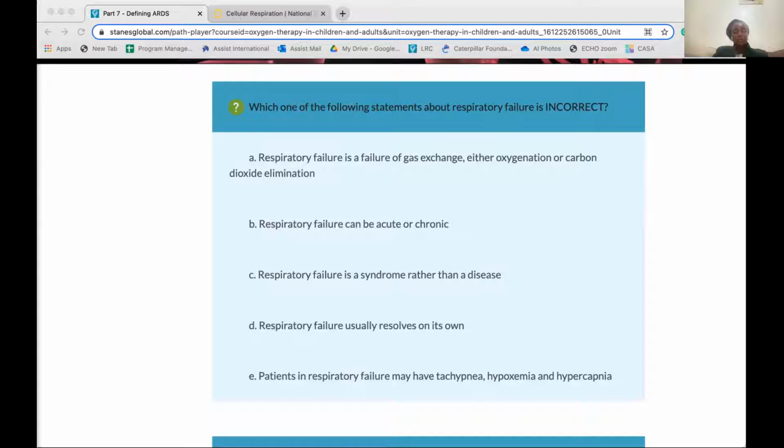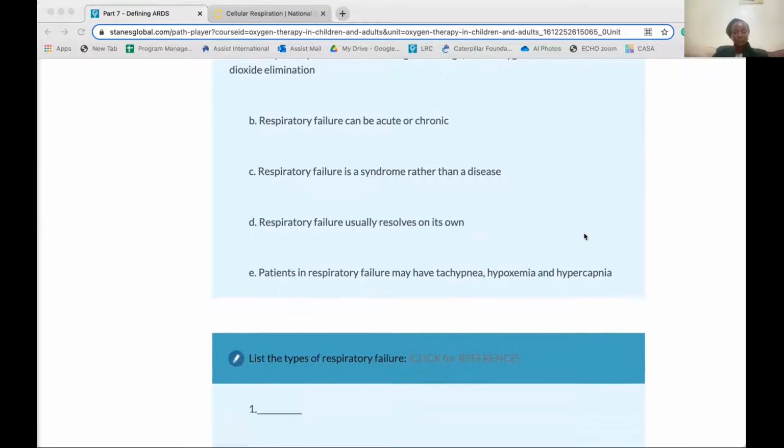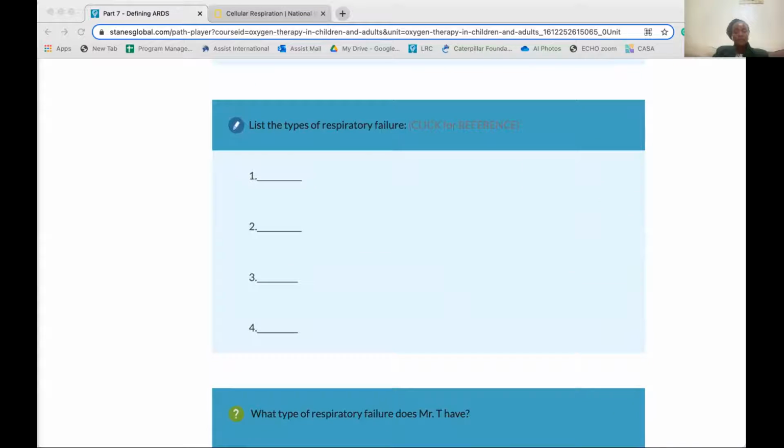So we could continue. List the types of respiratory failure. There are usually 4 types of respiratory failure. I'll just go through them in the interest of time. Type 1 is hypoxemic, whereby you have partial pressure of oxygen less than 50 millimeters of mercury. At that point, your patient is hypoxemic and has a low amount of oxygen entering the tissues.